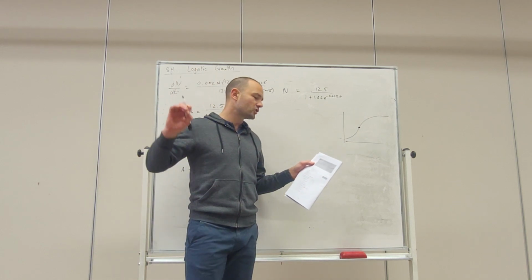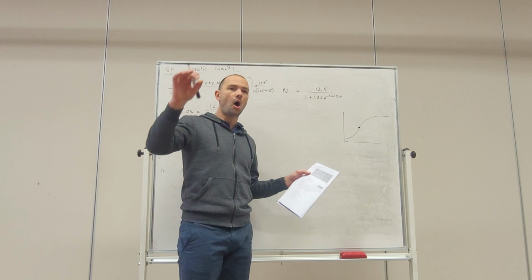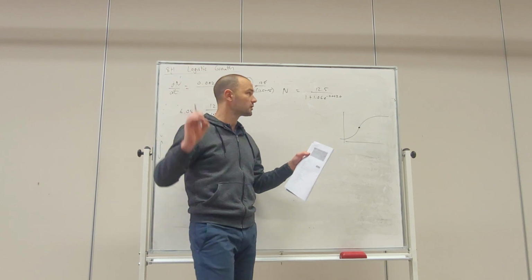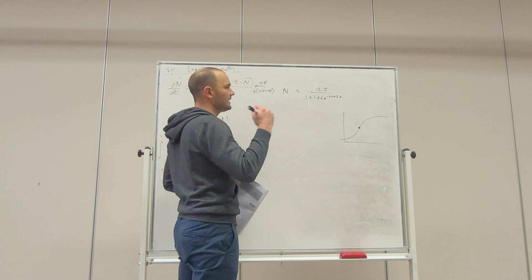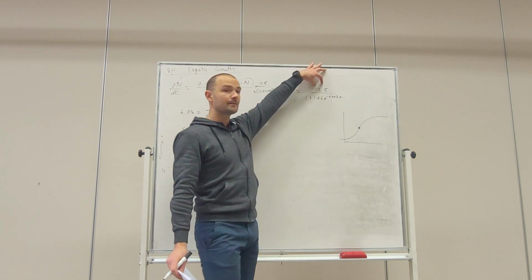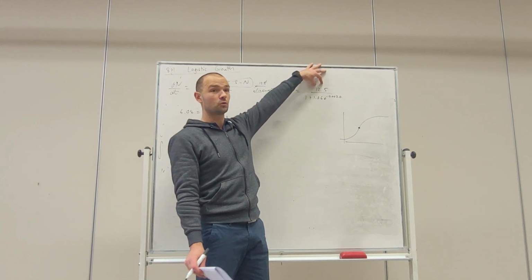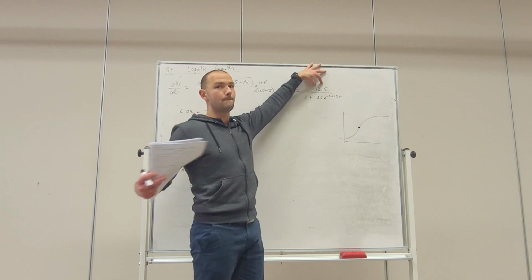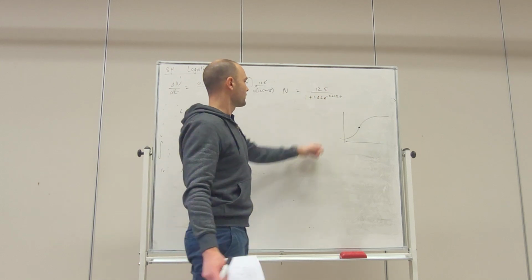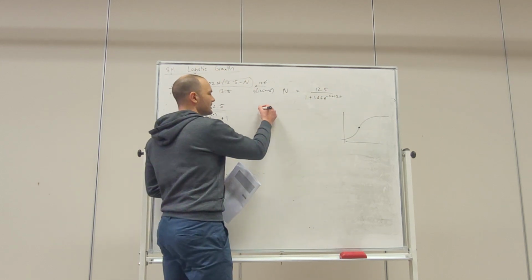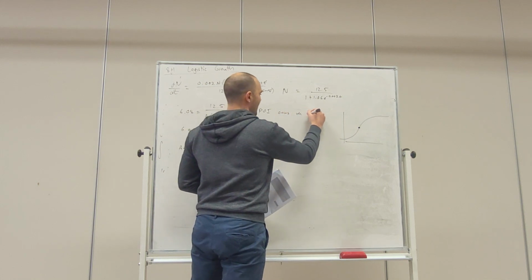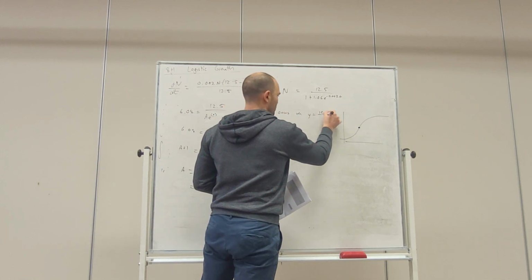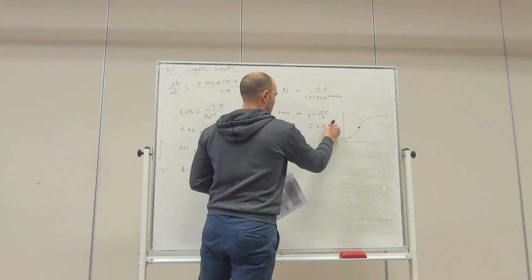There is an inflection point when y equals c on top of 2, where c is the number we have at the top. C is the limiting value. The limiting value here for the Earth's population is 12.5 billion based off of this model. So the point of inflection occurs when y equals 12.5 on top of 2, that's 6.25.